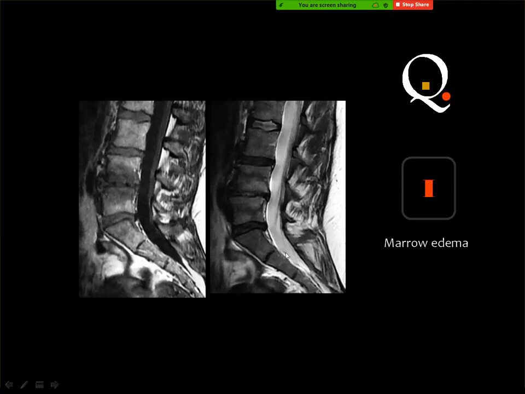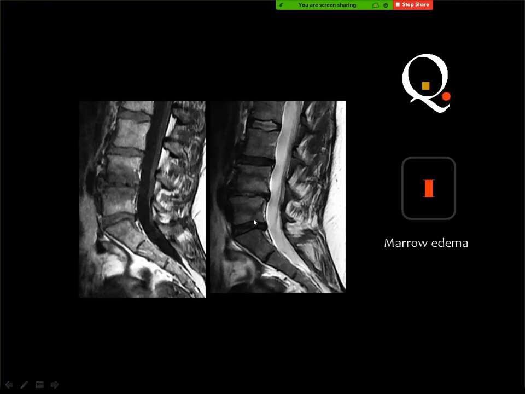You should carefully discriminate between this type 1 degenerative bone marrow edema and the disc space infection or discitis. For discitis, you should see very bright signal in the disc space, as well as some erosive changes in the opposing vertebral end plates.